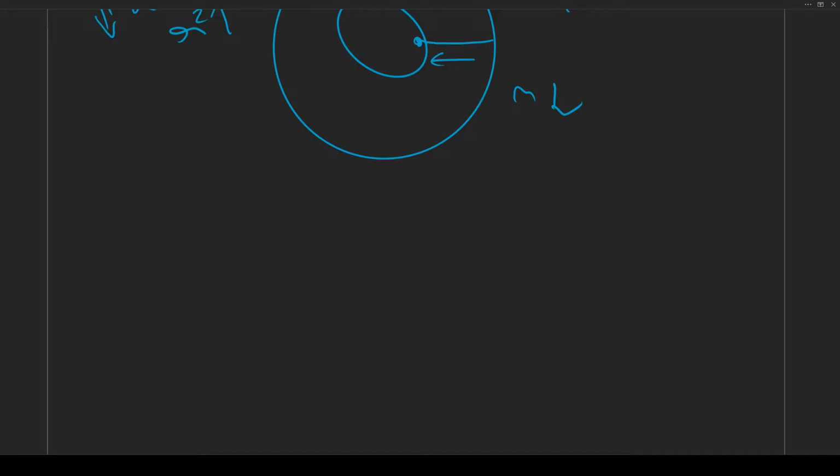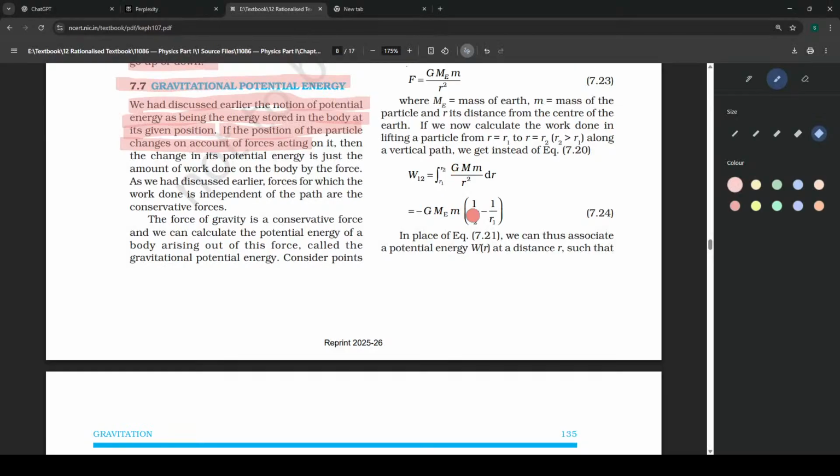Now let's go to the next main topic, that is gravitational potential energy. We had discussed earlier the notion of potential energy as being the energy stored in a body at its given position. Potential energy is the energy of a body due to its configuration or position.